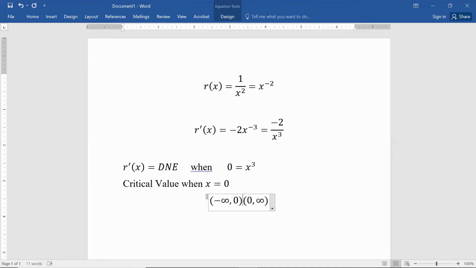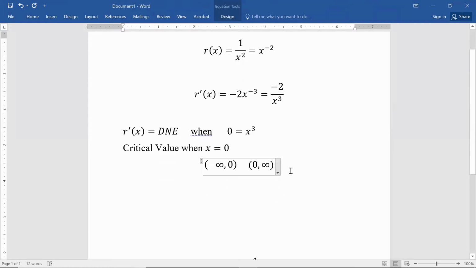We can check on each of these intervals whether or not our function is increasing or decreasing. Let's pick out a number from negative infinity up to 0 and plug it in to my first derivative. I'm going to choose the number negative 1.